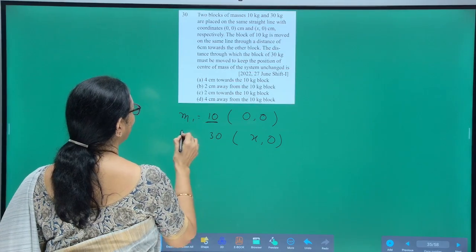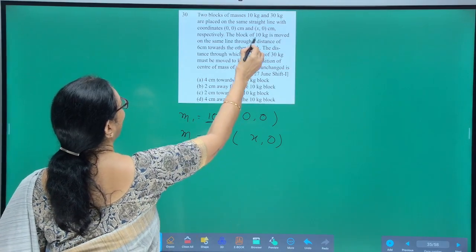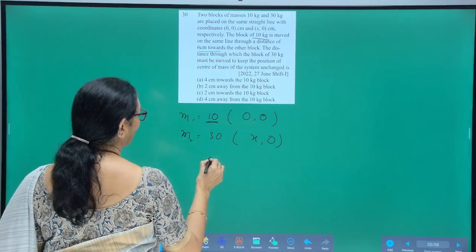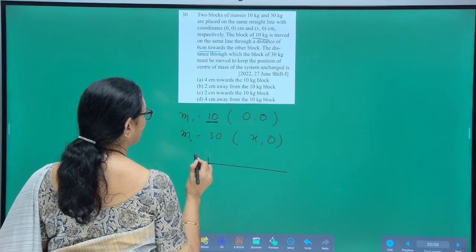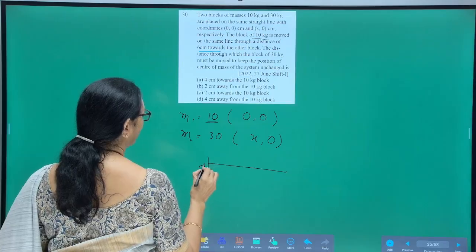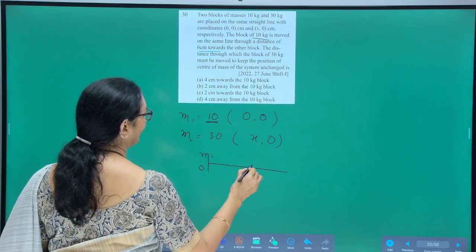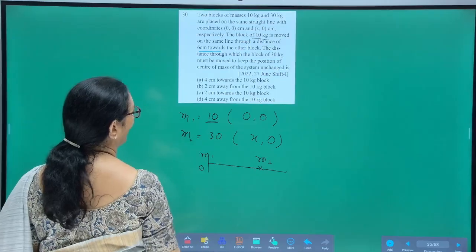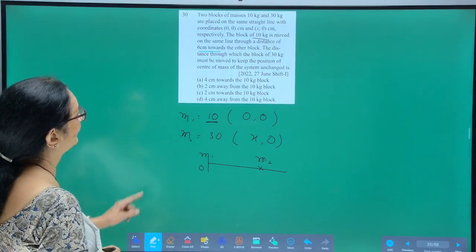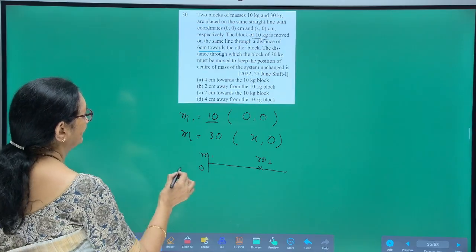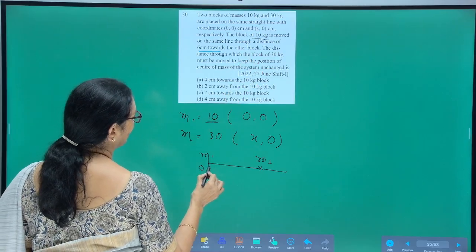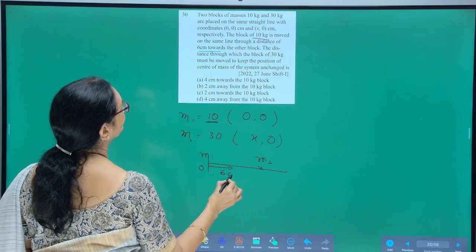Let us take this as m1, and this as m2. The 10 kg block is moved on the same line through a distance 6 centimeters. Let us take m1 at the origin, m2 located at x, 0. It is moved towards the other block through a distance 6 centimeters.